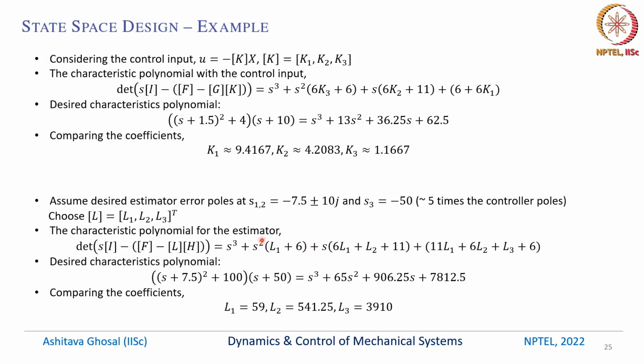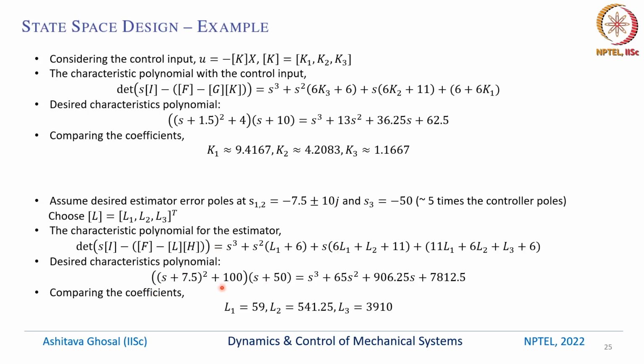So again, by comparing term by term, we can solve for L1, L2, L3. Why? Because we know the characteristic polynomial of the estimator. We have chosen the two poles at -7.5 ± 10j and s3 as -50.